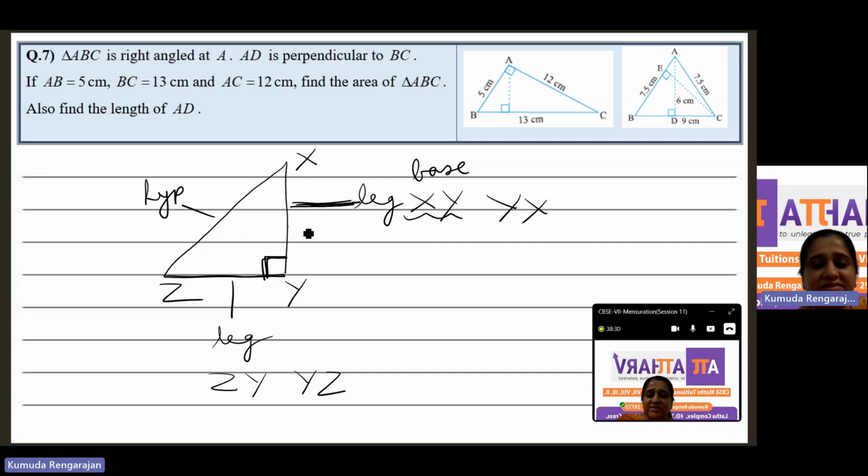If this side says, let me be the base, then which will be the altitude? This side will be the altitude. ZY will be the altitude. If ZY says, let me be the base, then which will be the altitude? XY is the altitude. So they're very friendly, the two sides which contain the right angle.